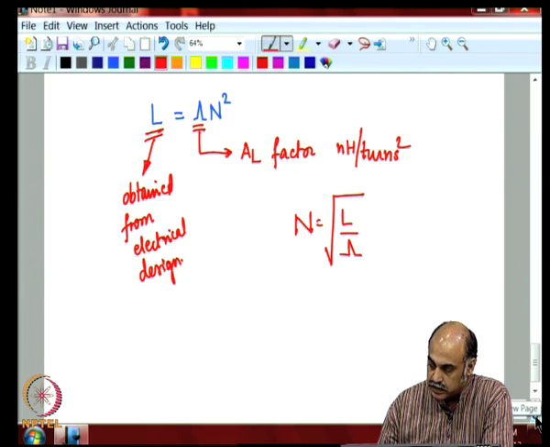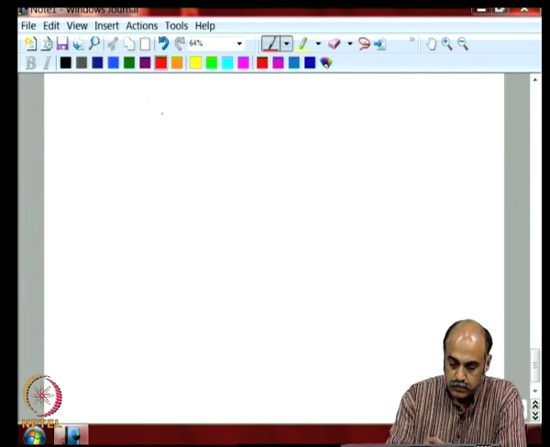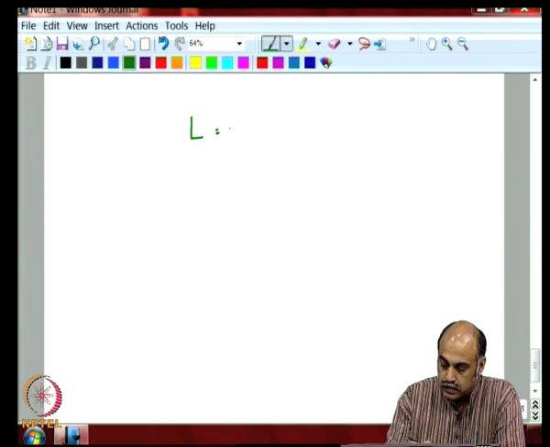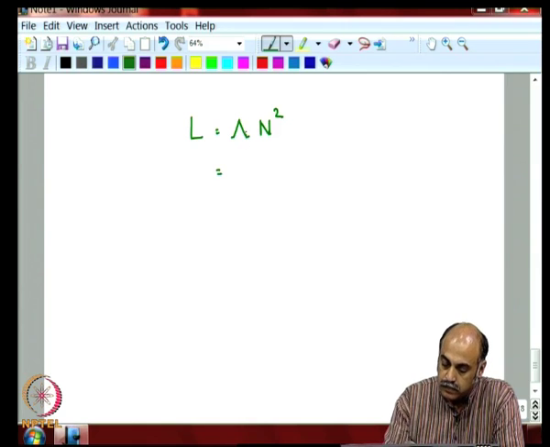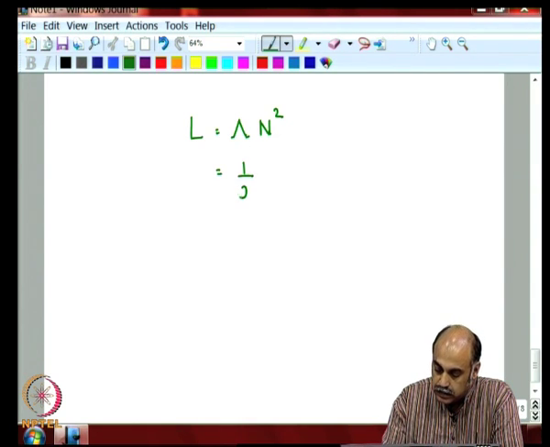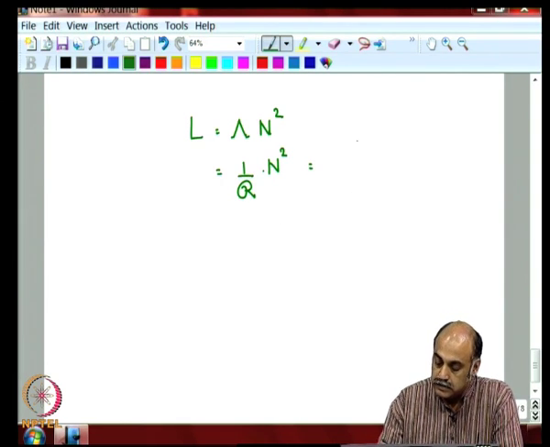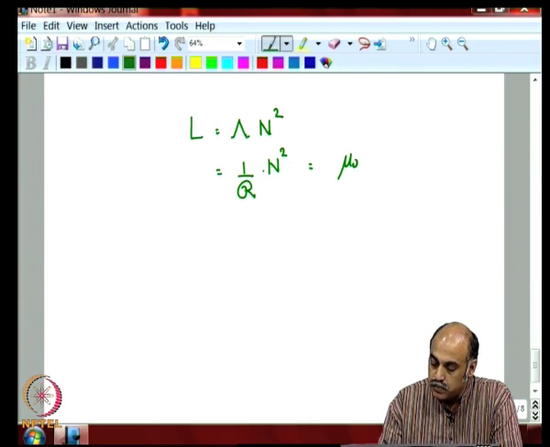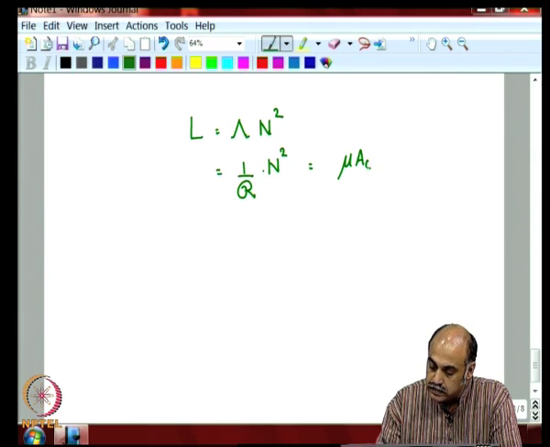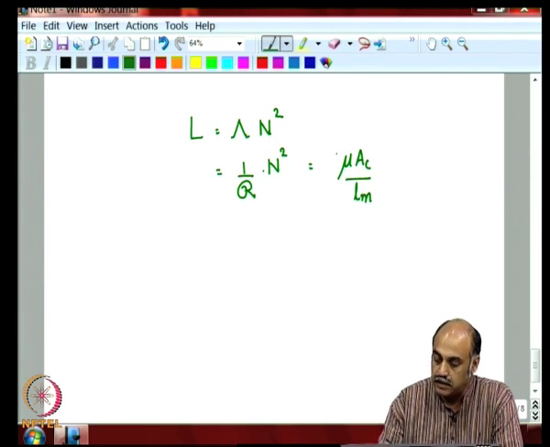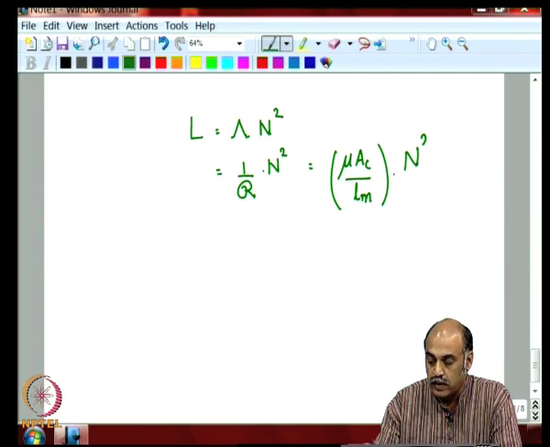We can go one step further. L is equal to permeance into N square, which can be written as 1 by reluctance into N square. 1 by reluctance is mu AC by L m, the mean magnetic length, into N square.